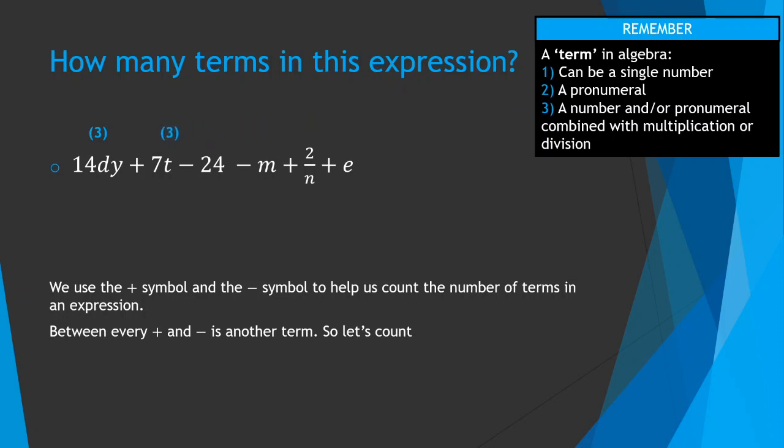Then we've got the same type of term straight after the plus sign. Then the next one is negative 24. That's just a single number. The one after that is just a pronumeral. The one after that is the third type, and the last one is just a pronumeral. So we have a total of 6 terms in this expression.